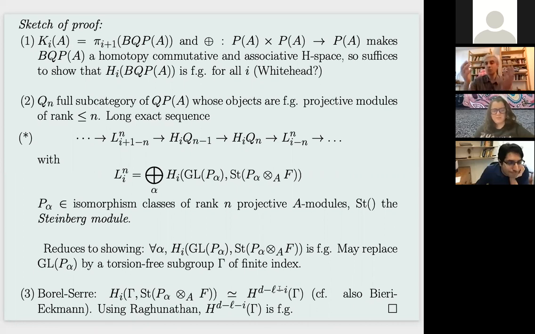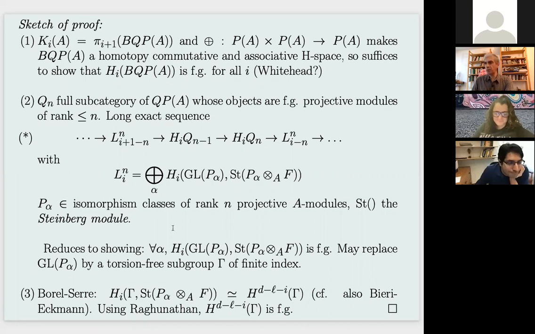I don't know, but in any case, this argument works. If you're in a finite index subgroup, it's probably contained in SL, and then Steinberg is the dualizing module. You have the units of A, which are not a finite group, so I don't know. But I'm just sketching the proof, and I'm not going to use this part 3 in the sequel. It's just for information. It's a description of the proof.